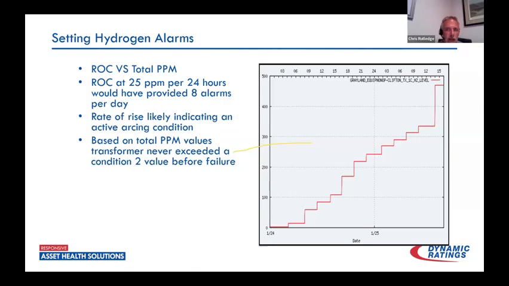So here we're looking at setting our hydrogen alarms. This was one of the main things I really want to discuss, is how are we alarming on these values? So if we go to total ppm value, and this is how the majority of alarms are set that I've come across in the industry.